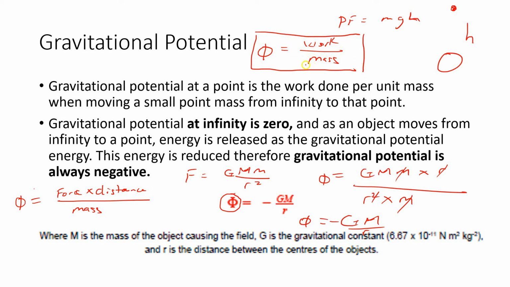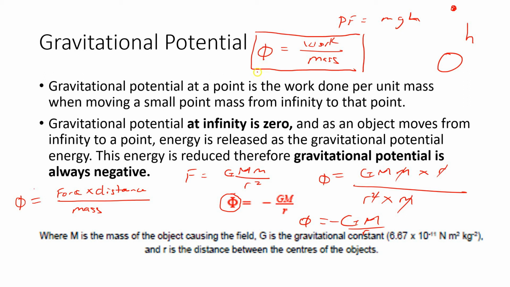So if you have an object in space, and it is at infinity at first, and then you want to move it towards the Earth's surface, then you would have to consider some amount of work that is needed to be done on that object. Divide that by the mass will tell you your gravitational potential.